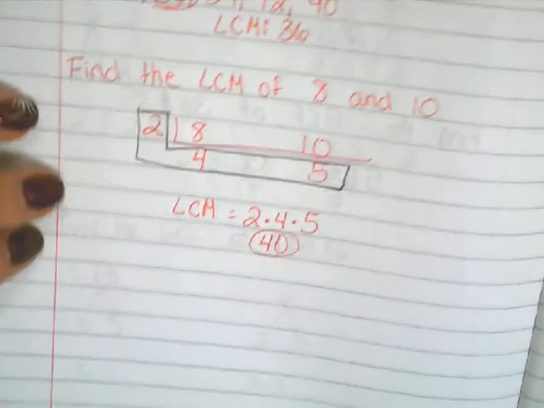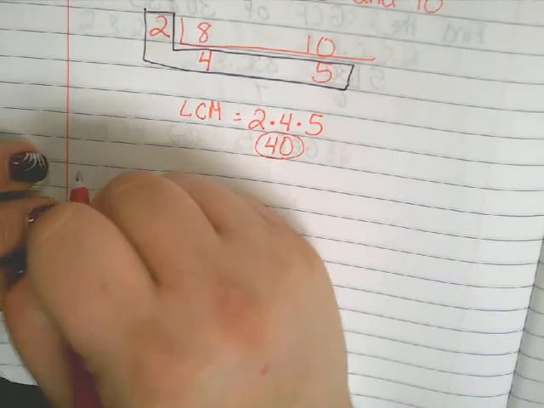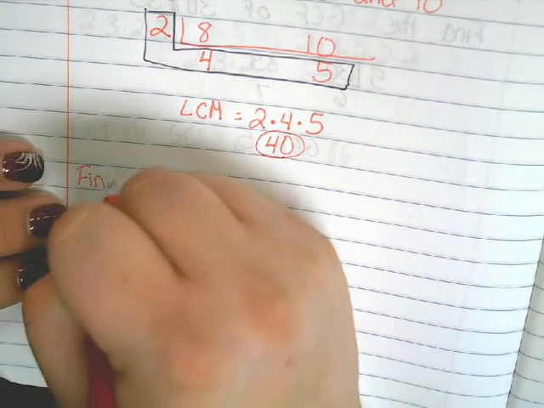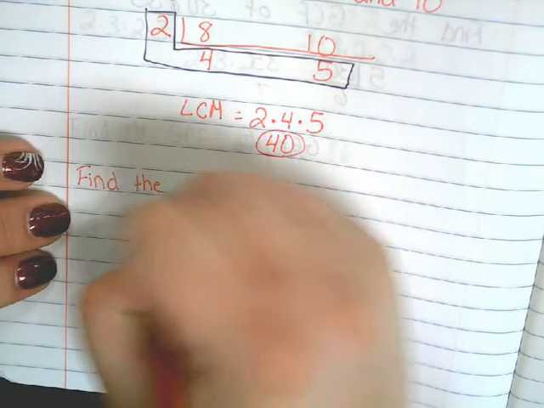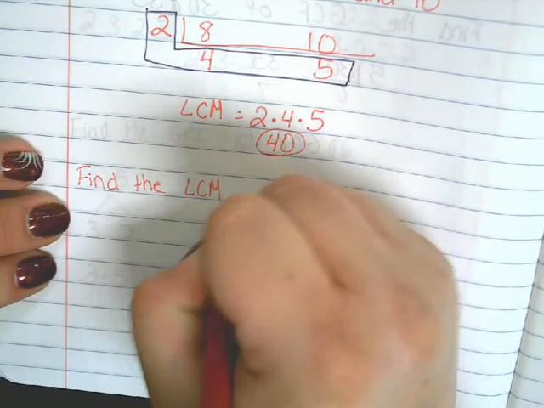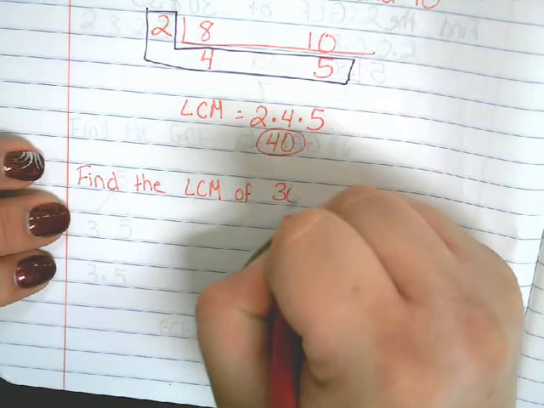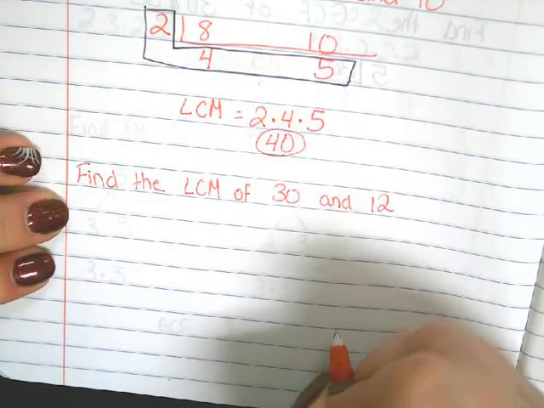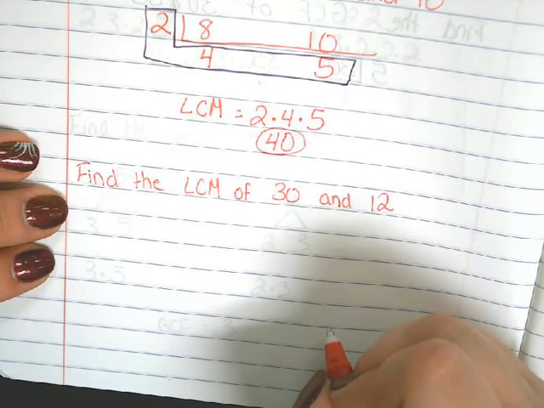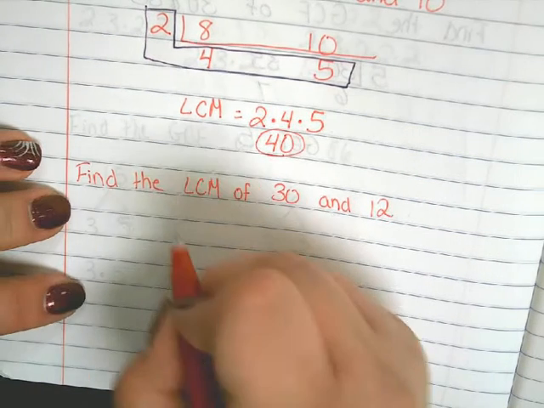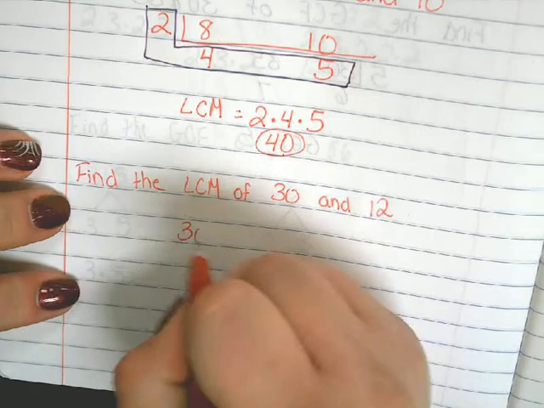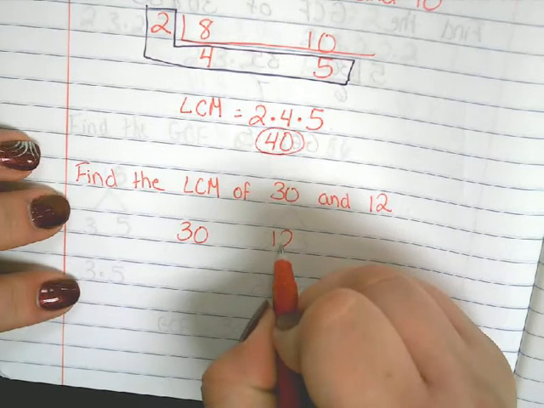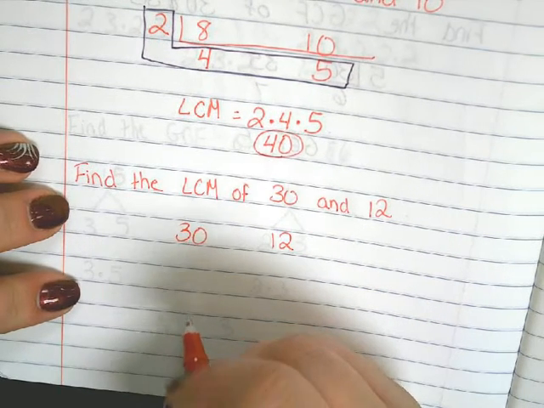Let's try another one. Find the LCM of 30 and 12. Either way, I'm going to show using the division, but you can do it either way you prefer. So 30 and 12, leave space between them, draw your upside down division.